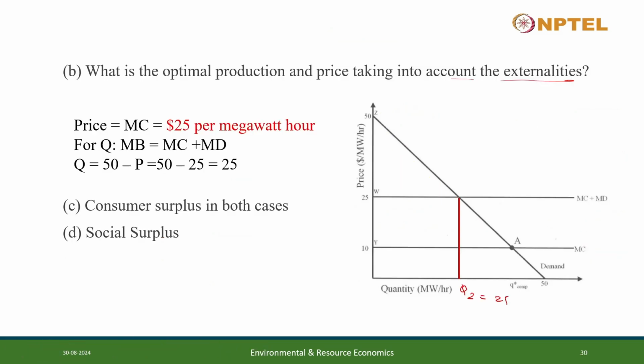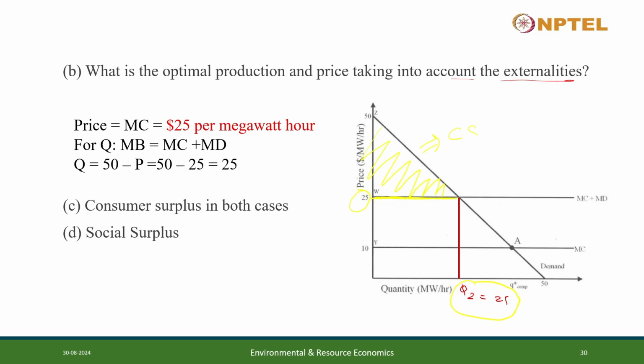Okay, for case 1 we have already decided. Now in case 2, what will be my consumer surplus? In this case, the optimal production is this, right? And price is this. So my consumer surplus will be this much. Is it clear? Because this is my price. 25 is my price, right?